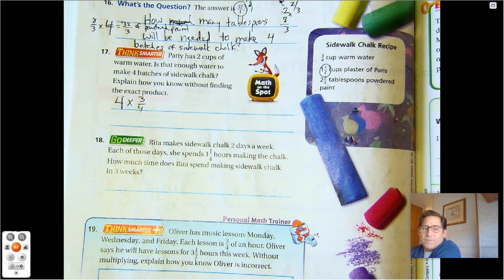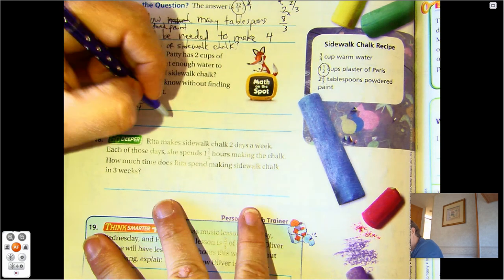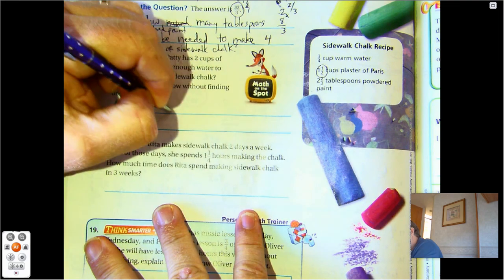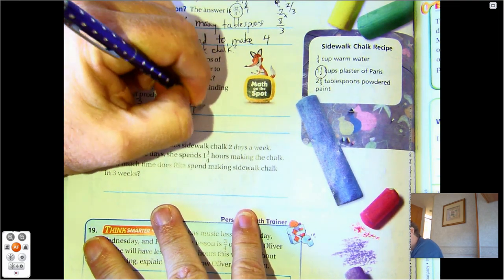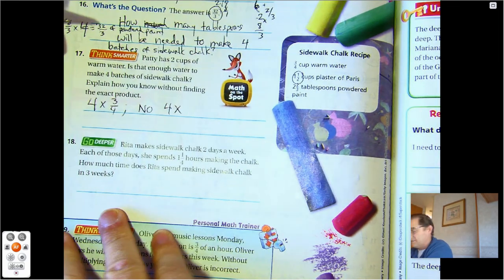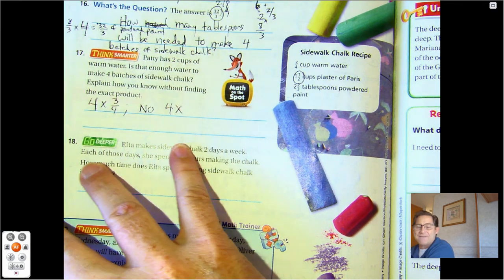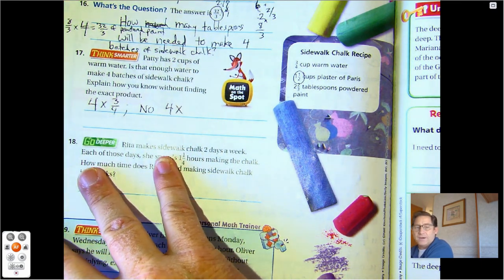Well, to make 4 batches, she's going to need a lot more than that, right? So, no. Okay. Let's just go back to thinking, what if it was just a half a cup, right?